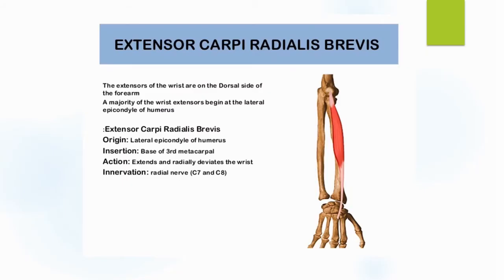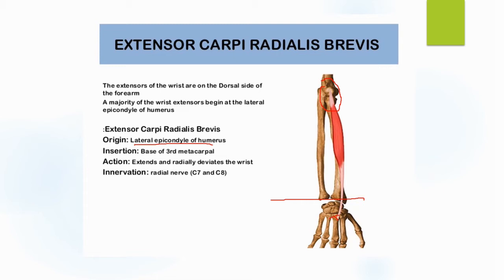Okay, so here is the extensor carpi radialis brevis. It has as its origin the lateral epicondyle of the humerus, where it attaches by way of a lengthy tendon, and then continues down the forearm, crosses the wrist joint here, and attaches on the base of the third metacarpal bone right here.